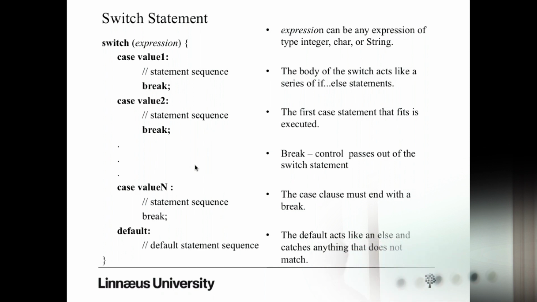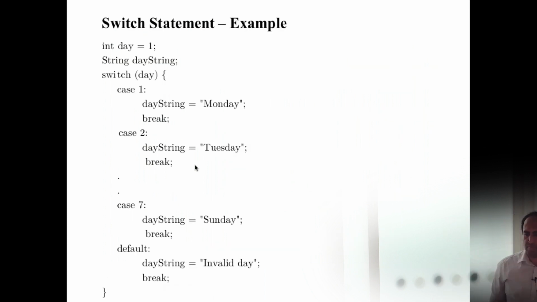So for example, if we look at an example program for the switch statement, here we have an integer value day, and depending on the value of the day variable, we assume that we have codes for the days, like Monday is equal to 1, Tuesday is equal to 2, and so on.